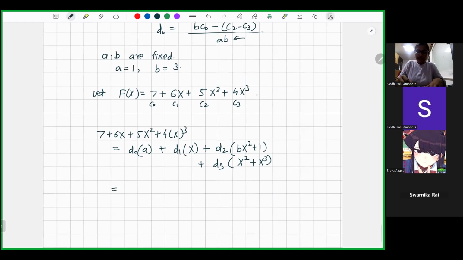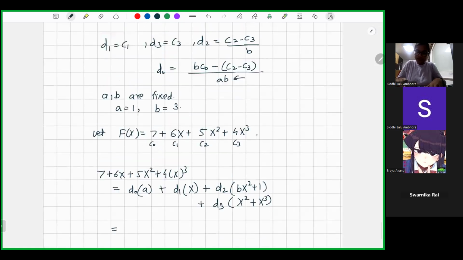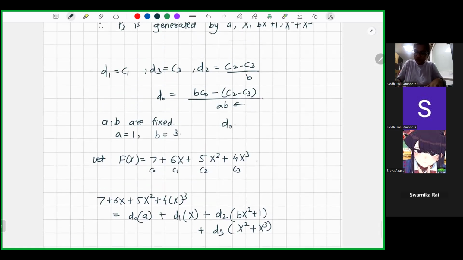But I'm taking a to be 1 and b to be 3. So in that case, d naught is my this expression. If b is 3, c naught is 7, minus c2 is 5, minus 4 divided by ab. Ab is just 3.